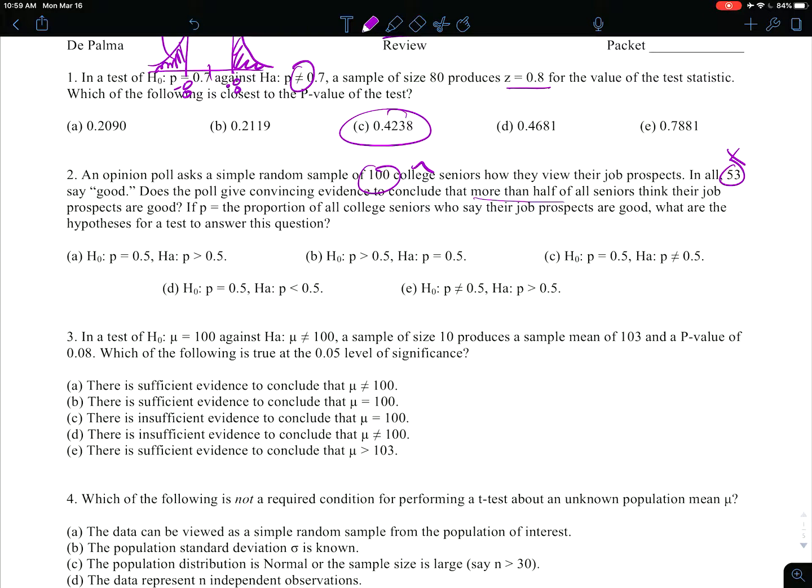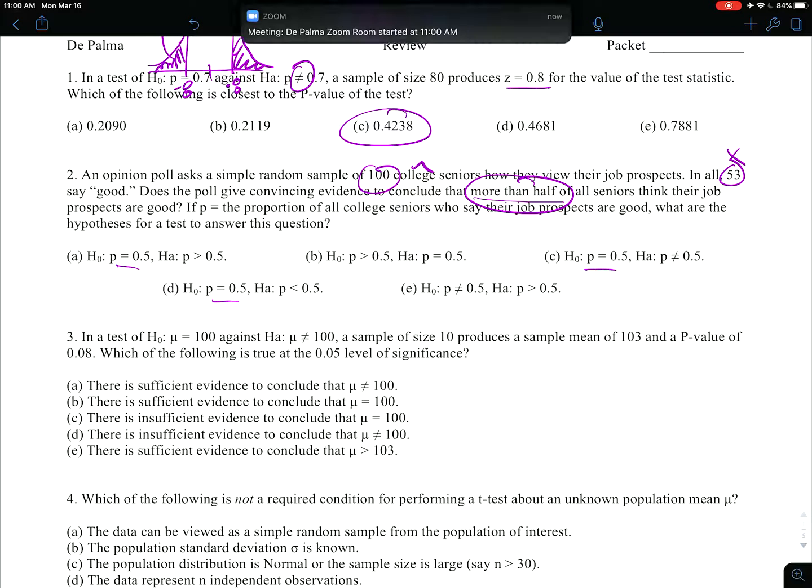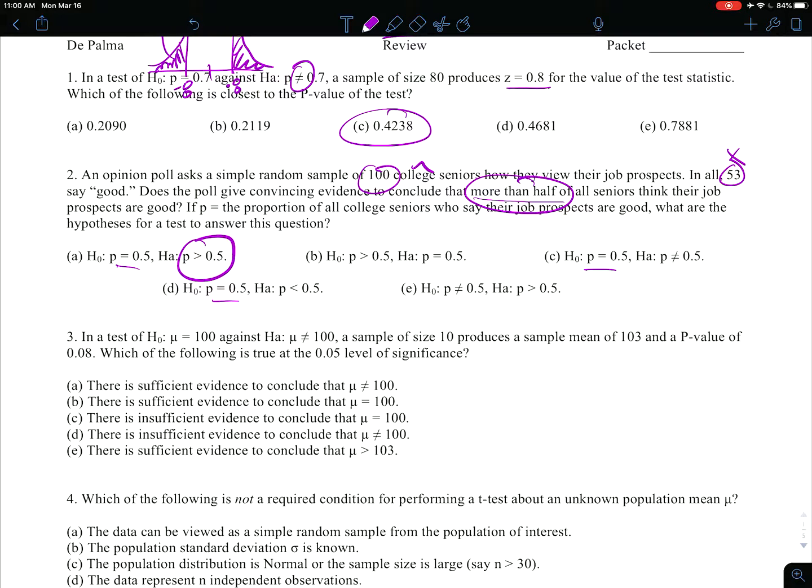So that's going to be our alternative, is more than half that are good, where the null is that it is half. Technically, it could be less than or equal to under the null, but we're going to say it's equal under the null, which means it could be any of those guys, and then the greater than alternative there leads us to an answer for A in number two.